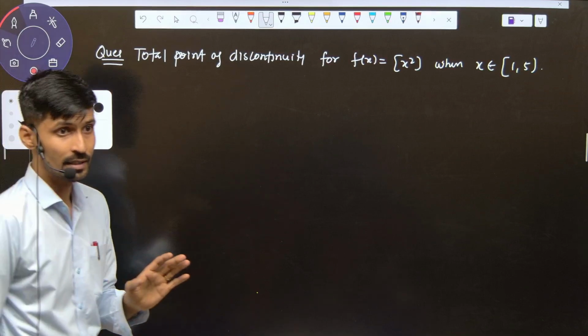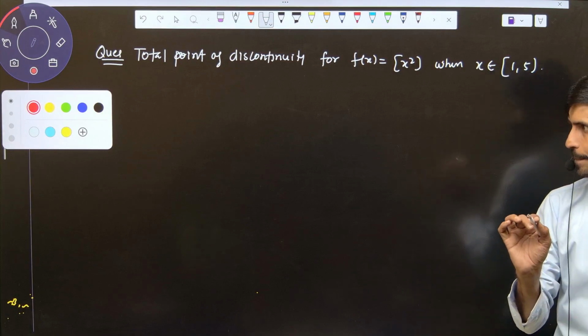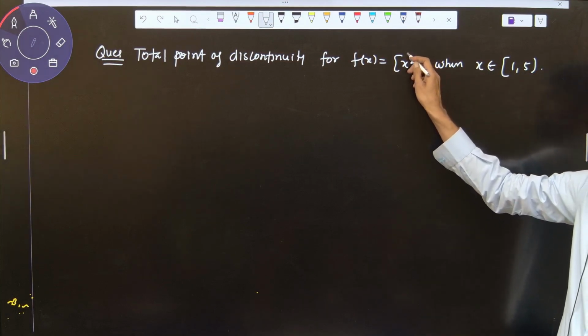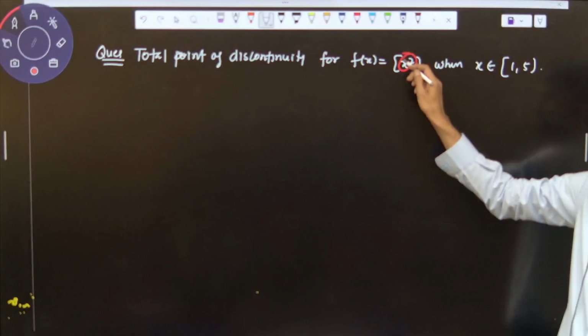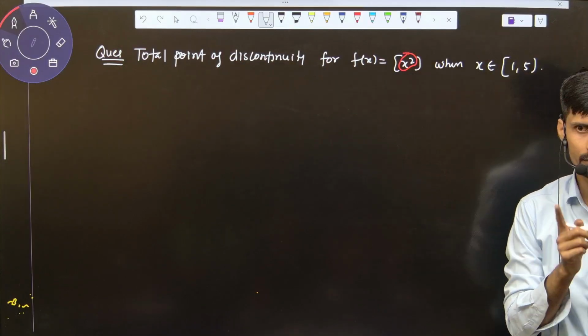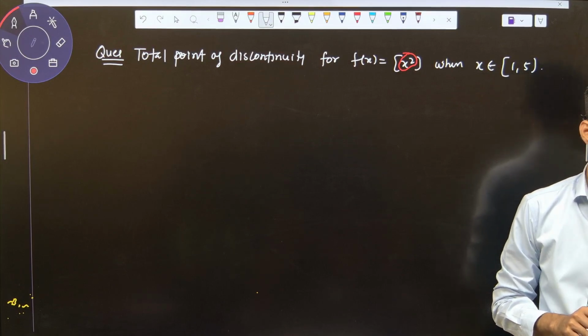Here, we have to find when this is an integer. Once we know when that is an integer, we can say this point, this point, this point, this point, it is discontinuous.